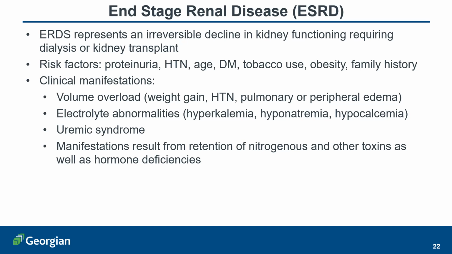We'll discuss the manifestations of the uremic syndrome when we look at a figure shortly, but the clinical manifestations can be very varied because it can affect literally any organ system in the body. In addition, besides the buildup of all these nitrogenous and other toxins, the uremic syndrome can also be caused by various hormonal deficiencies and imbalances.